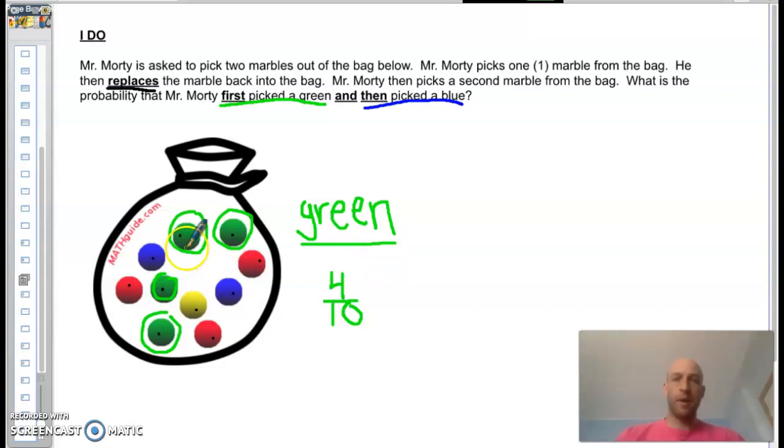So I pick the first marble, but then it says up here that I replace the marble. So that means I take it out, so there are only 9 in the bag, but then I put it back in, so now I have 10 in the bag again. So then I want to try to pick a blue marble. So we're going to try to find the probability of a blue.